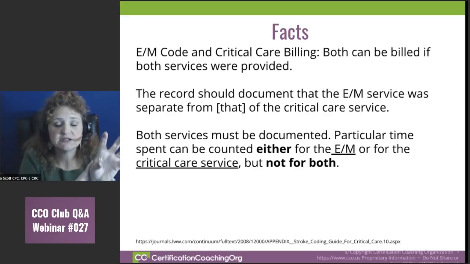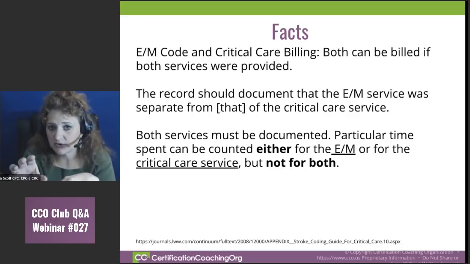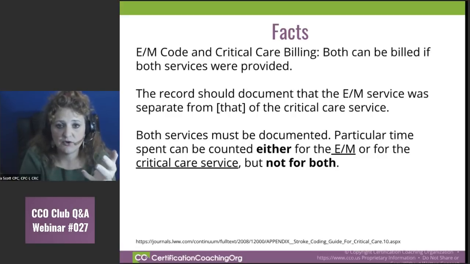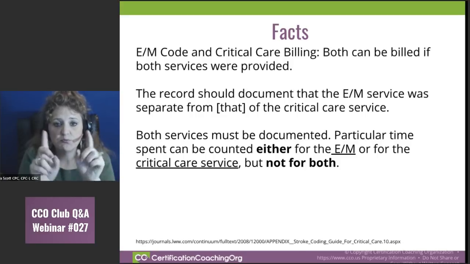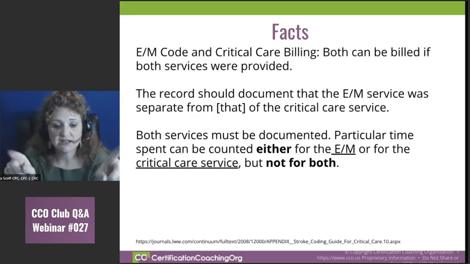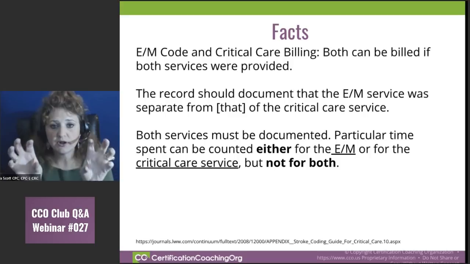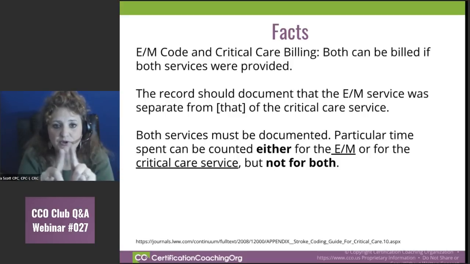You have to have specific documentation time for the E&M code, and then you have to have specific documentation for the critical care. What constitutes critical care? We know it's time and the verbiage describing it. So both, they are different. However, you can use the time that is counted for either the E&M or for critical care, but you can't add them together, right?